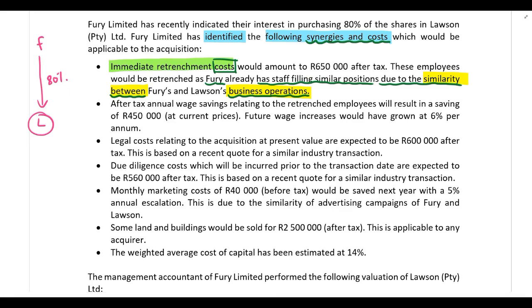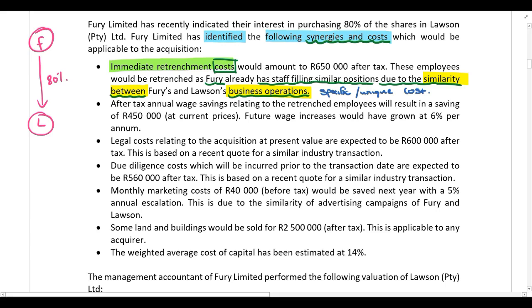So this is not a general cost that would be incurred if any acquiring company buys a Lawson Pty Limited. This cost is being incurred because of the similarity between these two companies. So it is specific or unique to Fury purchasing Lawson Pty Limited. So this is a specific or unique cost.